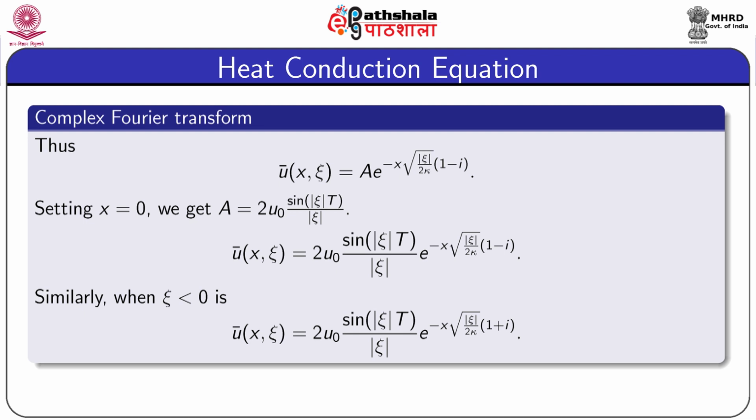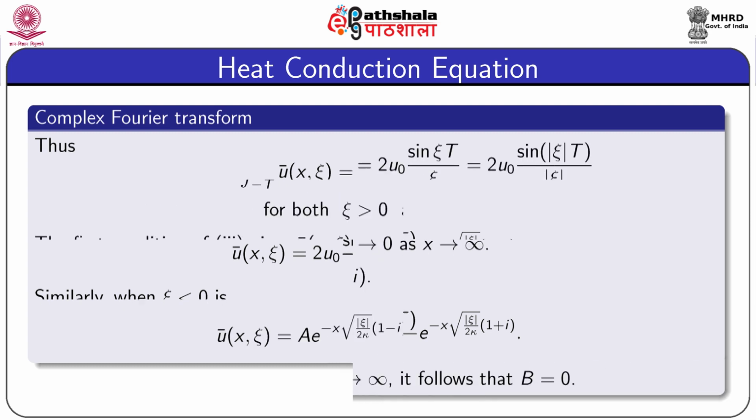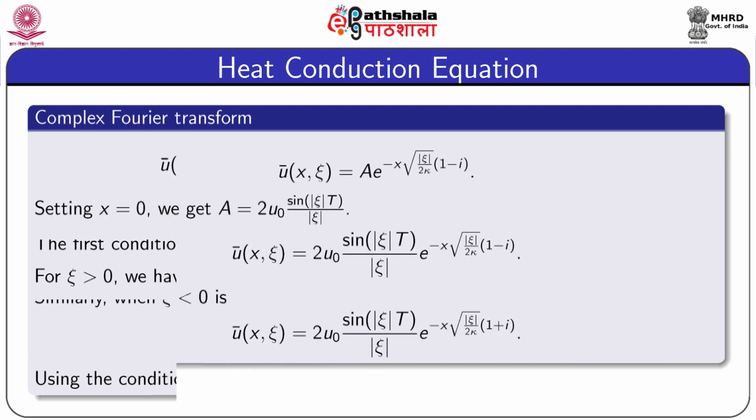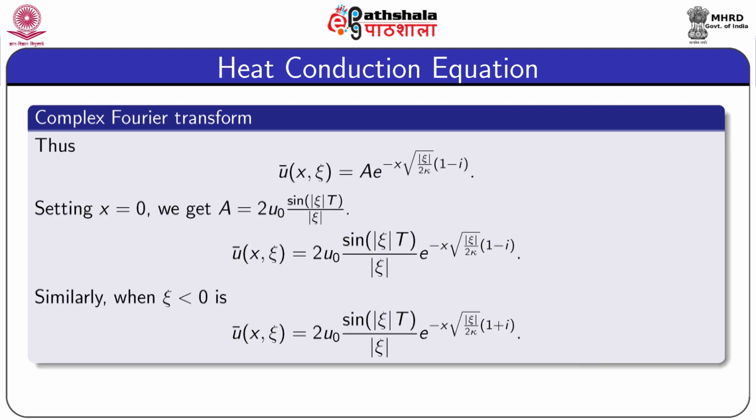Now, to obtain the value of A, we need to apply the boundary condition ū(0, ξ) equals 2u₀ sin(|ξ|t)/|ξ|. If you apply this condition, this gives the value of capital A as 2u₀ sin(|ξ|t)/|ξ|.